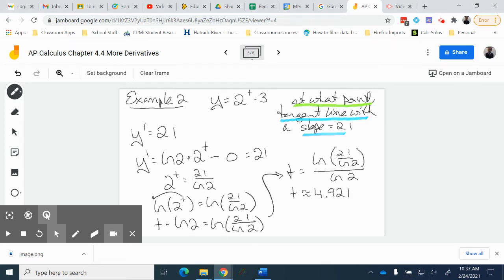This might be a good place to talk about the STO function on your calculator. If you have a TI graphing calculator, it's got a button that says STO. You don't want to round this off right now. You know, for the purposes of writing it down on my page, sure, writing 4.921 is fine.